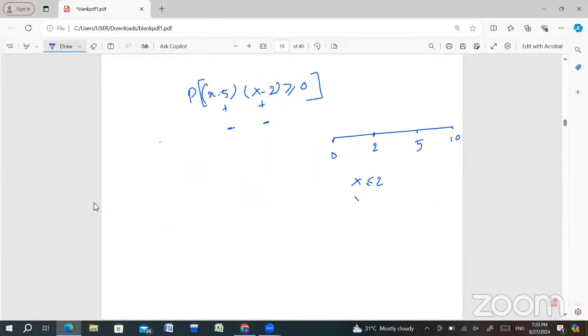And if x is greater than or equal to 5, then both the terms will be positive. So we need to find the probability that x is greater than or equal to 5, plus the probability that x is less than or equal to 2. There is an or condition, not and. We just need to solve these two terms.